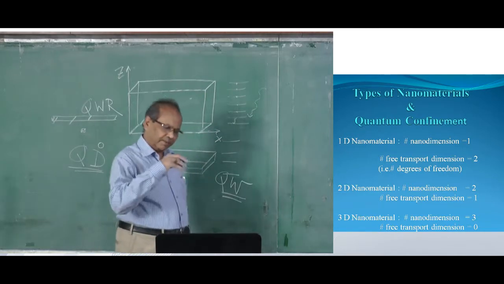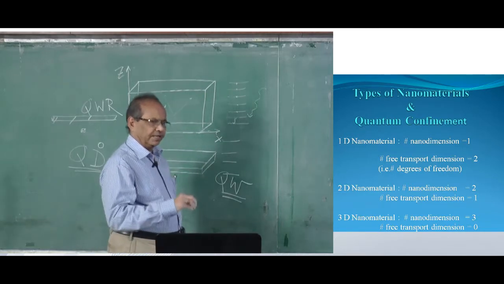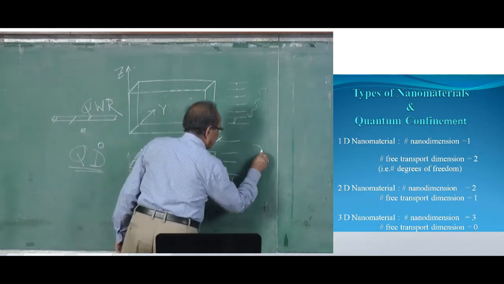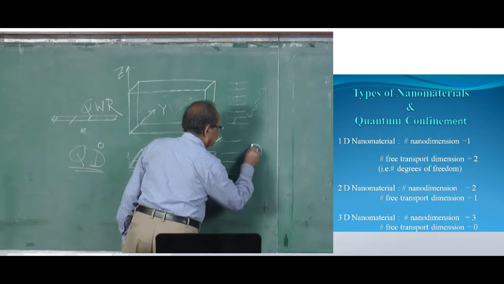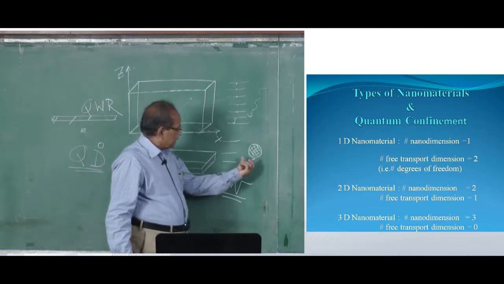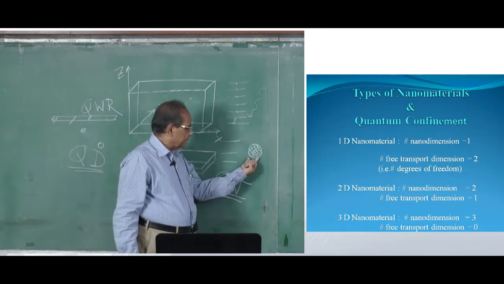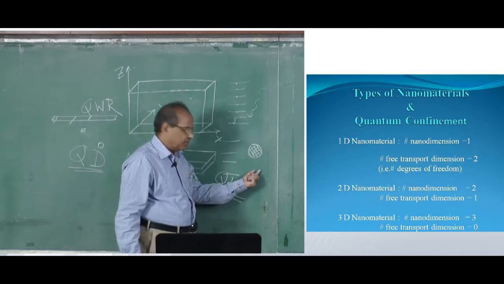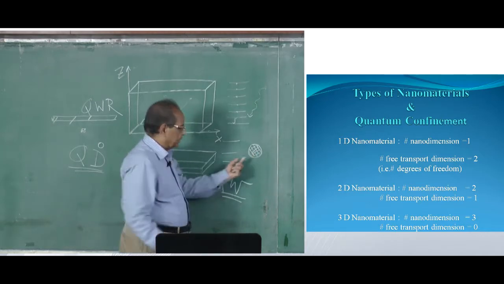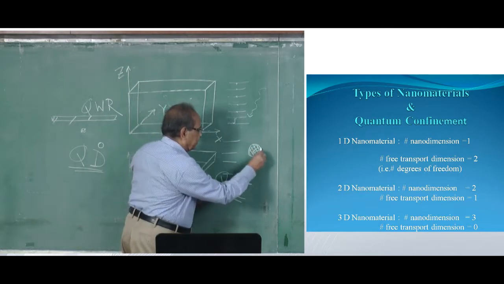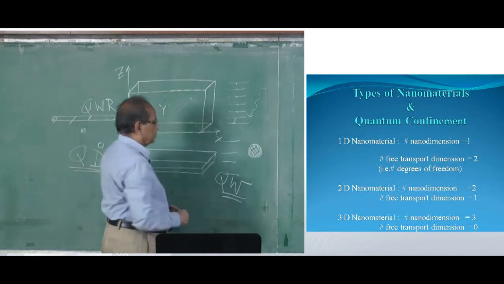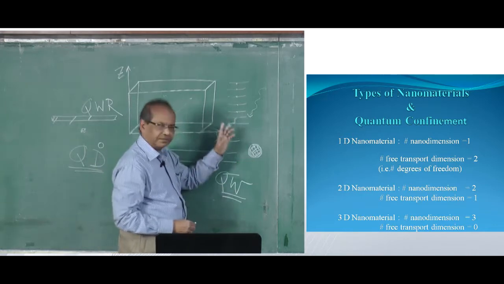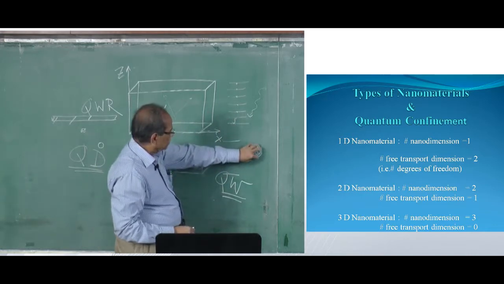The electron is completely restricted in motion, and you see that it is just like a natural atom. In a natural atom, the electrons are there, but the electrons cannot go out from the clutch of the nucleus. The electrons are bound here, right? So its motion is restricted. It cannot go in X, Y, Z. It is under the influence of the nucleus.